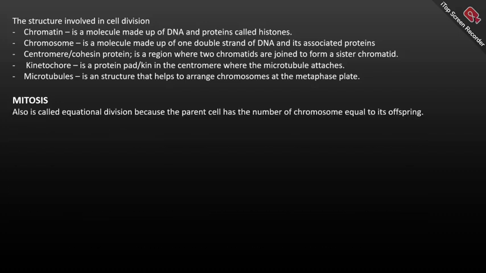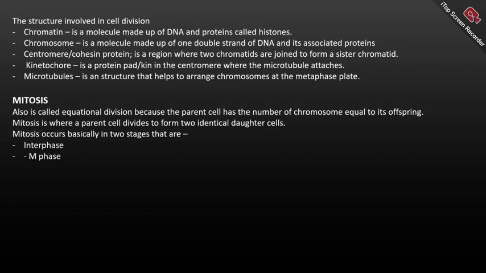Now, when they ask you what is mitosis, you might just say it is where a parent cell divides to form two identical daughter cells. That is mitosis. Mitosis is divided into two basic stages, the one we talked about, the interphase and the M phase.